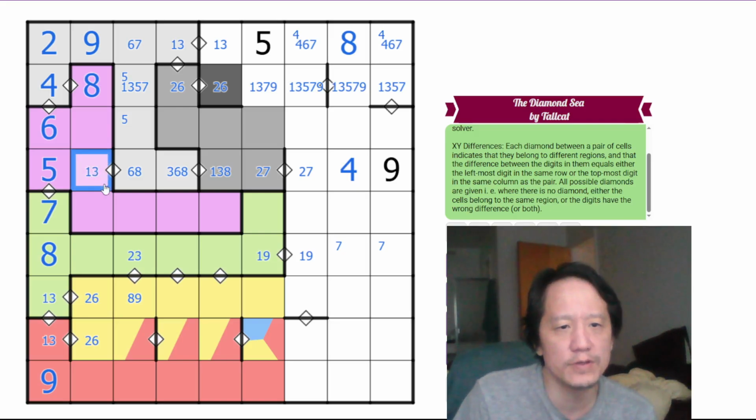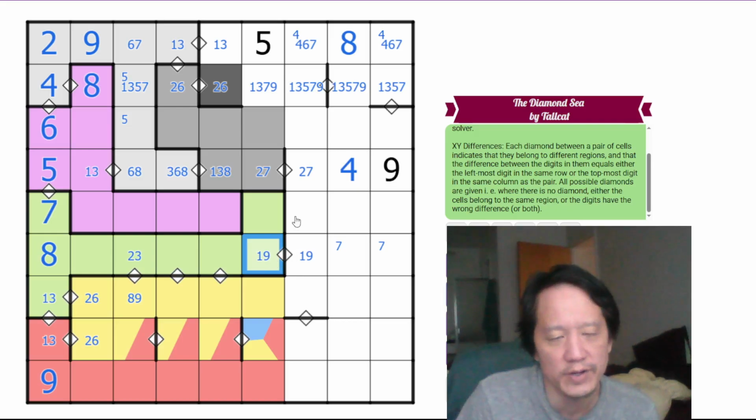Since it can't be 2 here, this can't be 7 then. And this can't be 2 because of the 2 in the region, so that can't be 7. This can't be 2 in the region, so this can't be 7. And this sees both 2 and 6 in this cell, so it can't be 2, which means this can't be 7. So this is the 2, 7 pair here.